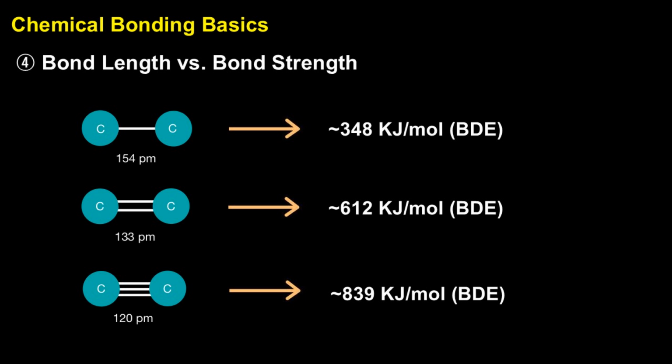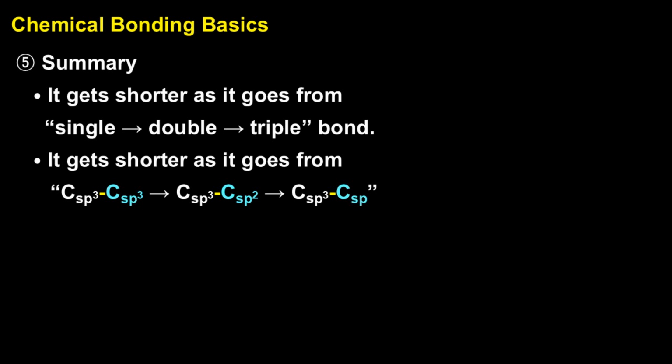A double bond between two sp2 hybridized carbons is stronger, with a bond dissociation energy of around 612. And a triple bond between two sp hybridized carbons is the strongest, with a bond dissociation energy of about 839 kilojoules per mole.